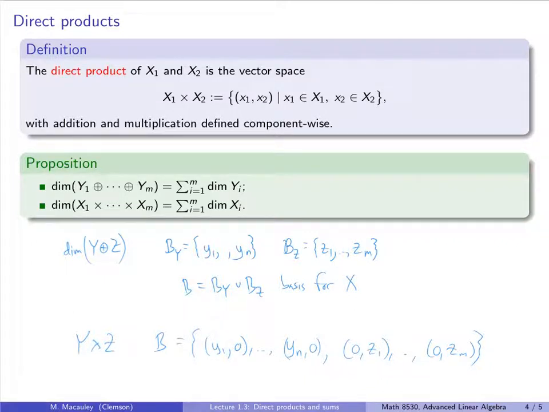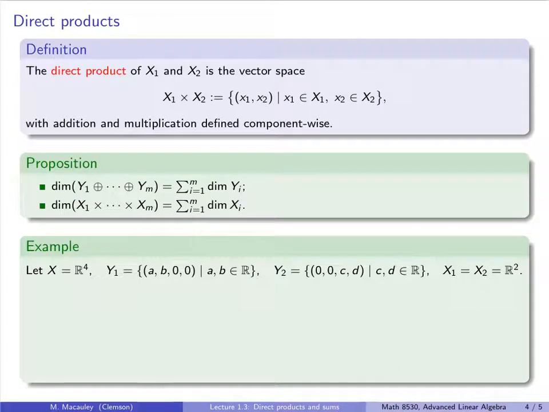Now, one thing that you might notice here is that though these vector spaces, the direct sum and the direct product, are very different, they should be isomorphic in some sense, because we're really just dealing with the same things in both of these. One of them is a linear combination of these n plus m vectors, and in this case, it's the same thing. They're just organized a little bit differently into ordered pairs. And this is true more generally. For example, let x be R4, the set of all 4-tuples of real numbers.